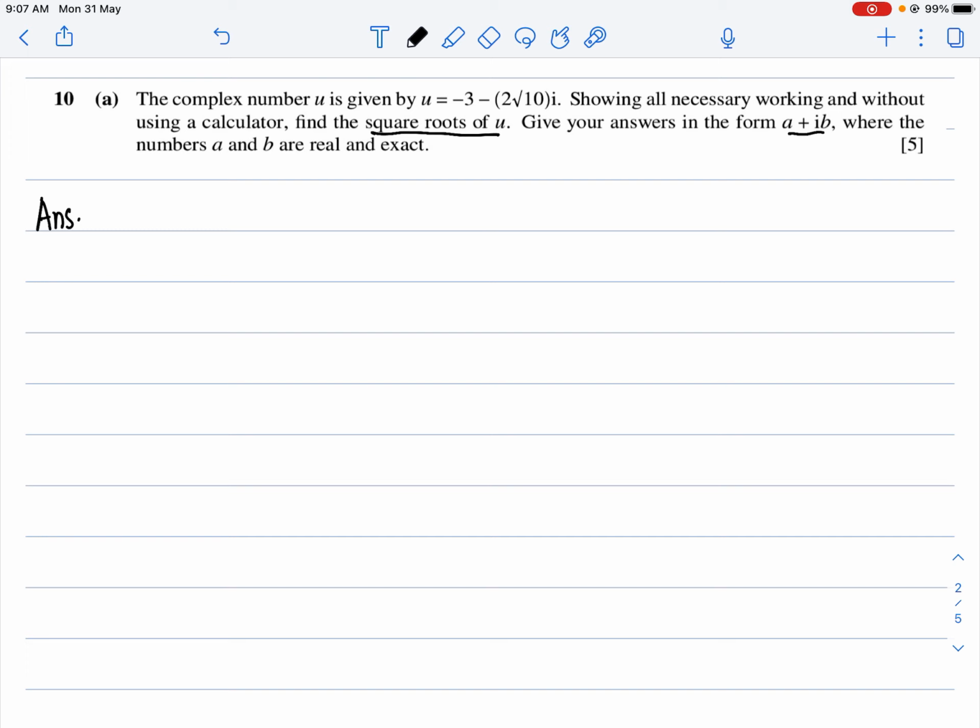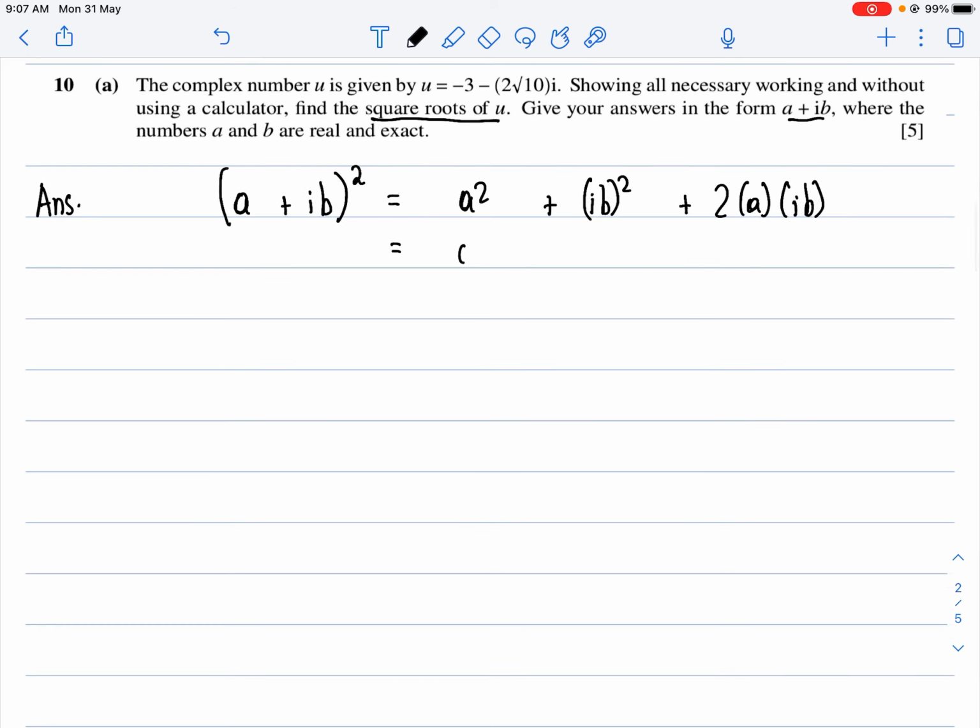So what we basically need to do is, we know that we have (a plus ib) the whole squared because of square roots, correct? In this expansion I'll get a square plus b square i square plus 2 into a into ib. Agreed?